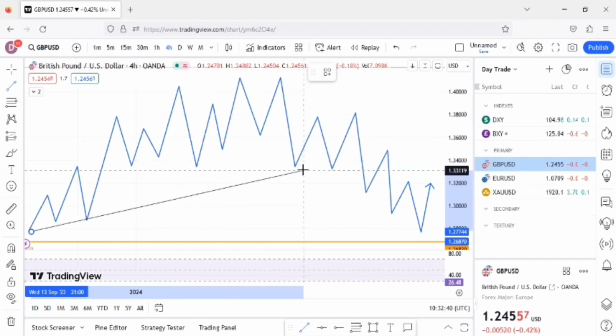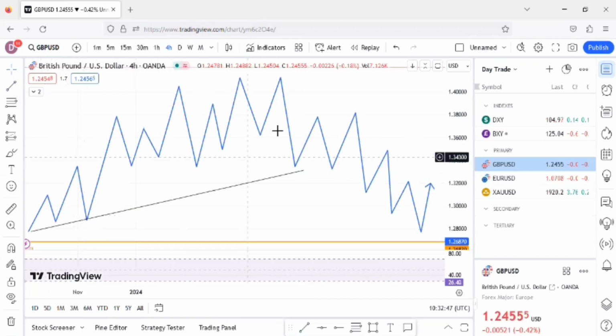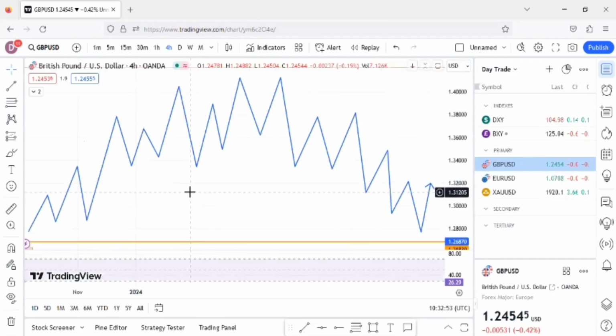You understand? That is how you form a trend in the market. When you are making higher highs, higher lows, or lower highs or lower lows, that is how you form a trend. That's how you know whether you are in an uptrend or you are in a downtrend. So from this left hand side now, we are in an uptrend.